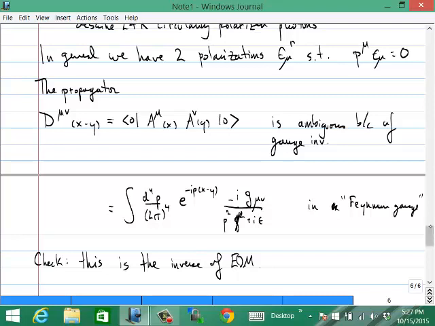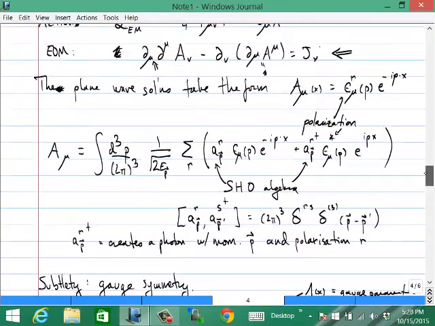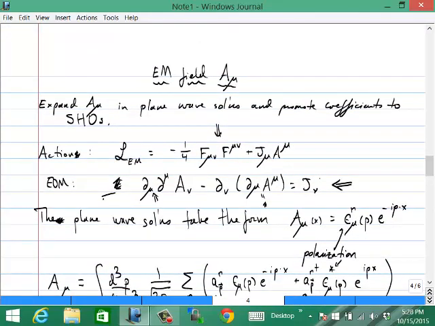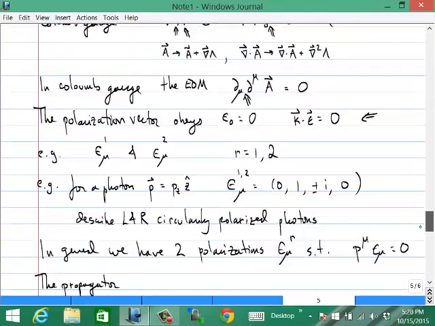In particular, if you just look at Maxwell's equations here, and you choose, say, Lorentz gauge where this guy is equal to 0, then hopefully it's clear that, in momentum space, you just get p squared times A nu, so that the propagator is just going to be 1 over p squared. So maybe we'll just take that, leave that as an exercise, so that I can begin next week fresh with the discussion of interactions in quantum field theory.